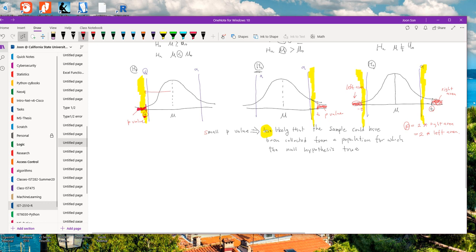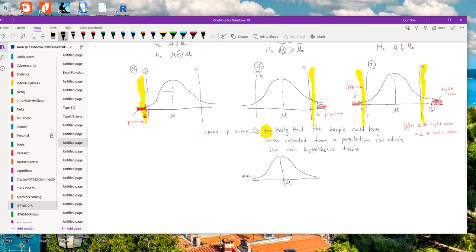In general, if the p-value is really small, let's say in the left tail case, let's say this is the center, mu, and the t-value is really far away from the mean, that means your p-value gets smaller.